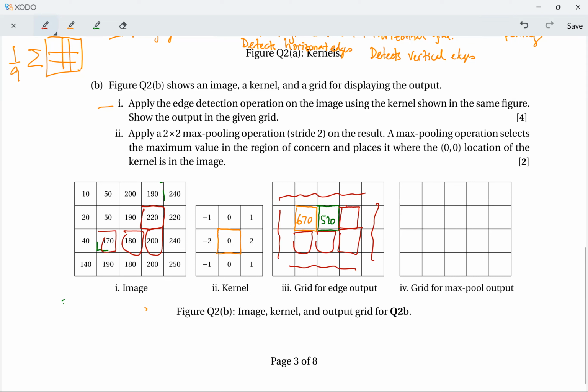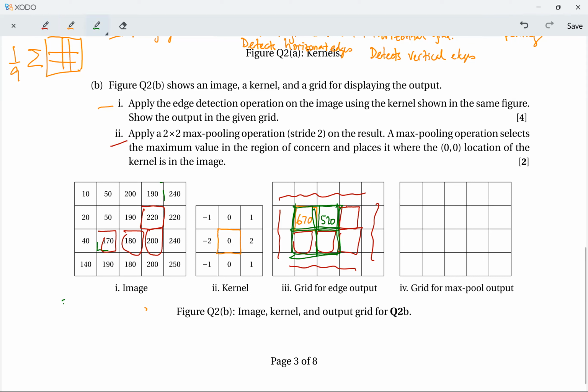Then in the max pooling operation, apply 2 by 2 max pooling operation with stride 2 on the result. So for the max pooling operation, what we have to do is locate a 2 by 2 window. So let's locate a 2 by 2 window on these entries that are valid and get the maximum value of that.